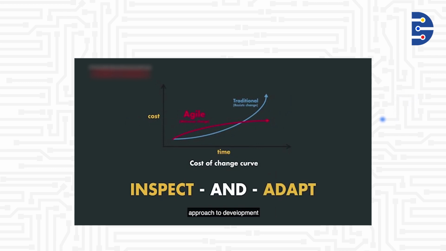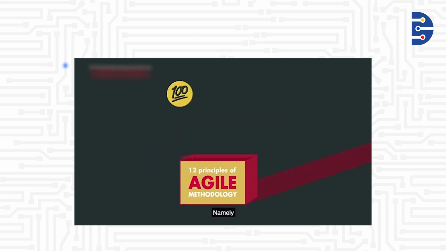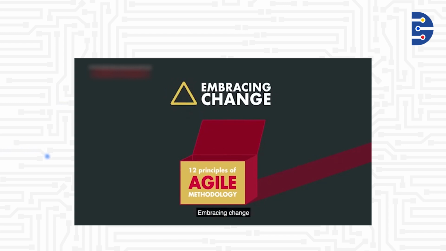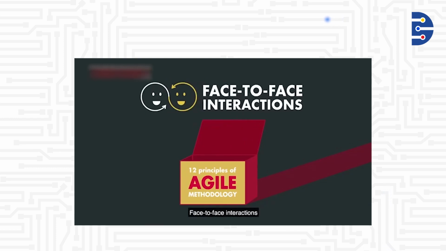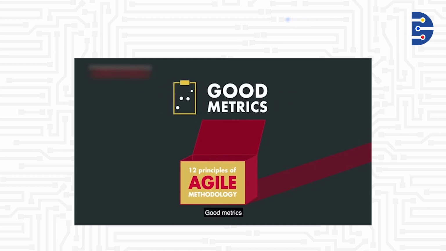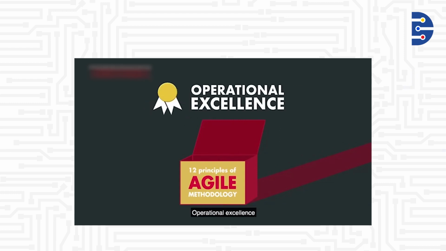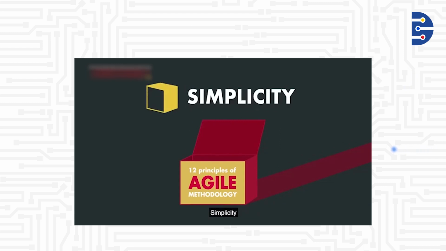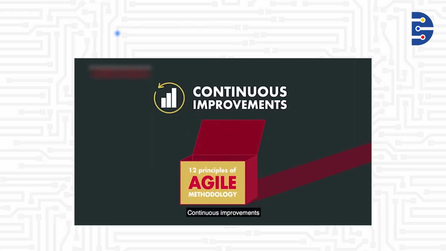Through a combination of modern software engineering practices and open and honest planning, Agile practitioners accept and embrace change even late in the delivery process. Thus, with Agile, the cost of change can be relatively flat because of this inspect and adapt approach to development. The practice of the Agile approach will be a success if the team embraces the 12 principles, namely customer satisfaction, embracing change, speed delivery, collaboration, empowerment, face-to-face interactions, good metrics, consistency, operational excellence, simplicity, self-organization, continuous improvements.